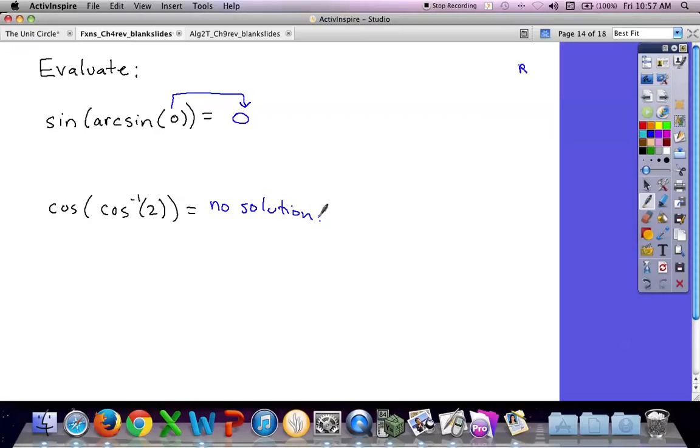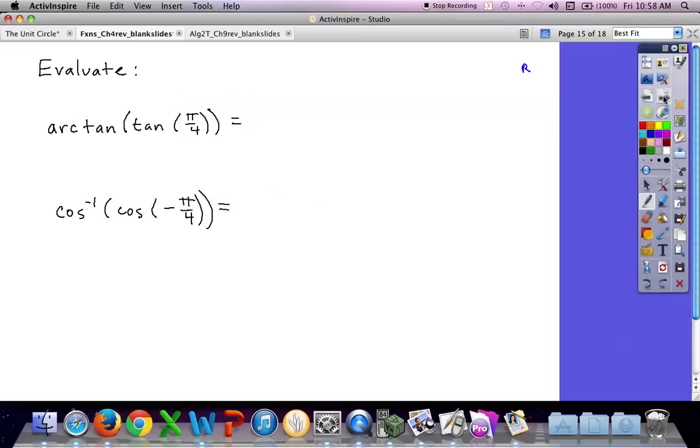Now, in both of these cases, I was doing the composition of the function with the inverse inside. But it could be the reverse of that. And those are actually the more complicated problems. So in this case, it's the arctan on the outside and the tan on the inside. The first question is, it's tan of pi over 4. Is pi over 4 in that part of the circle where we look at tan when we deal with inverses?